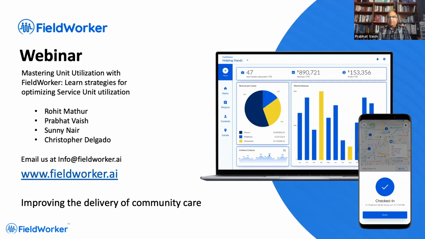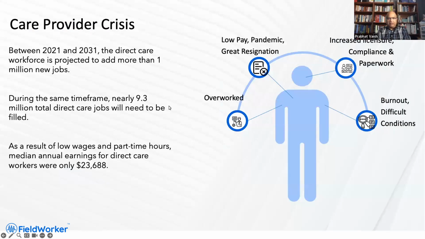Obviously, one of the key problems that we have heard is really the shortage of workers or the worker burnout for various reasons, right? One of the recent reports talks about almost 1 million jobs out there which are not yet filled over a period of the next 10 years or so. And basically, there may be existing workers who are possibly overworked.